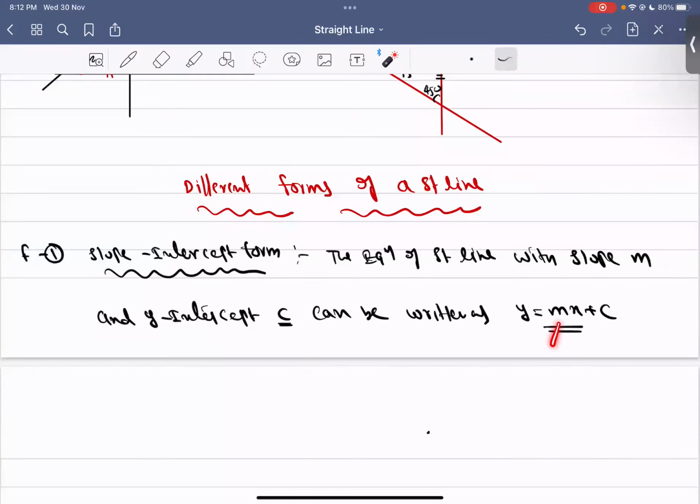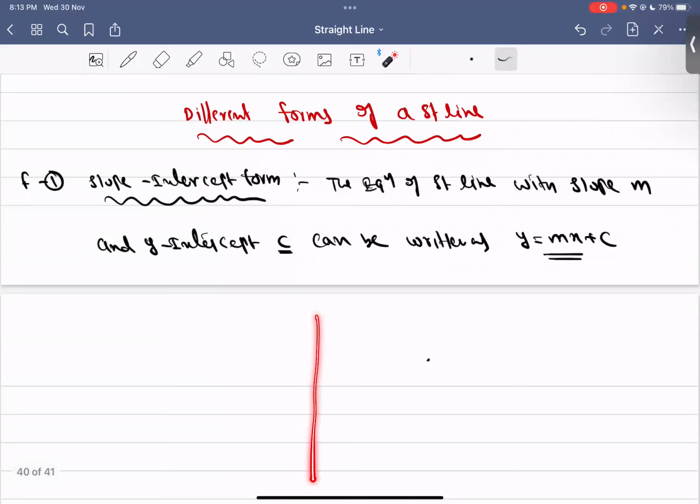Here, the inclination of the line is theta. The tangent of the inclination, tan theta, is the slope. And this c is the y-intercept.